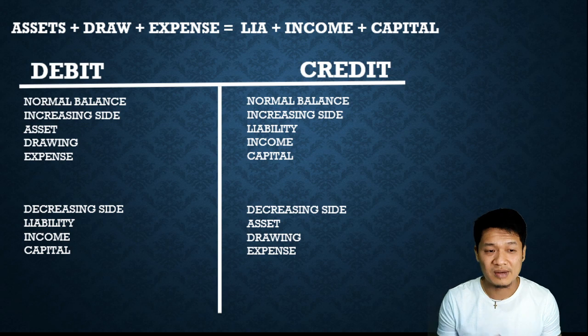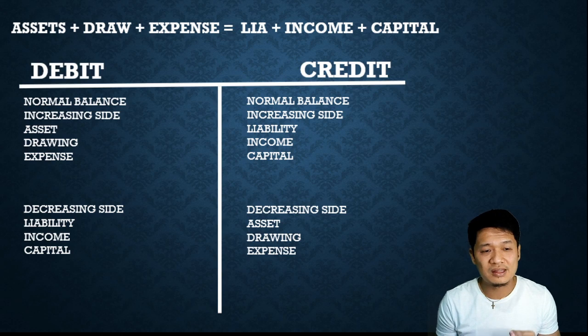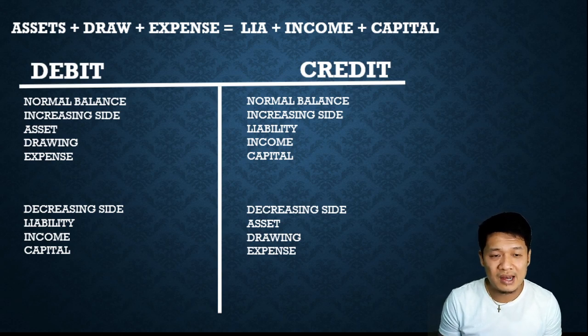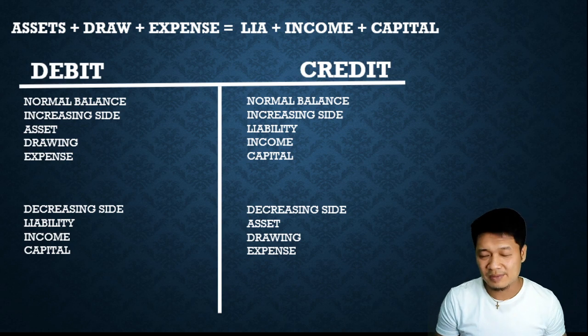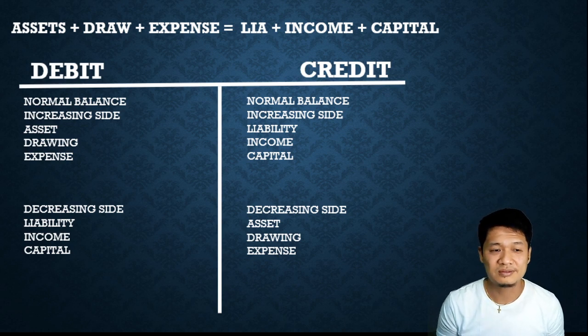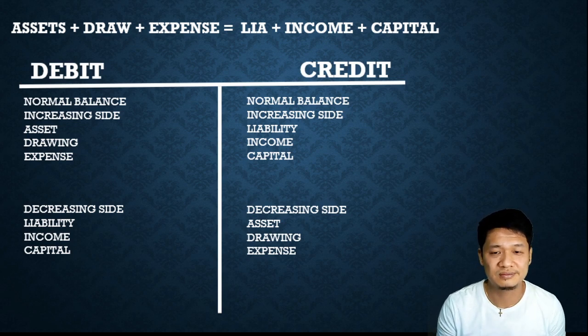Okay? So, malinaw tayo dyan. Asset, drawing, expense, nag-decrease, credit. Kapag nag-increase, normal balance tayo, debit. When it comes to liability, income, and capital naman, normal balance or increasing, credit natin. Pero kapag nabawasan, i-debit natin. Okay? So, ayan yung kanilang normal balance or increasing side and the opposite side.